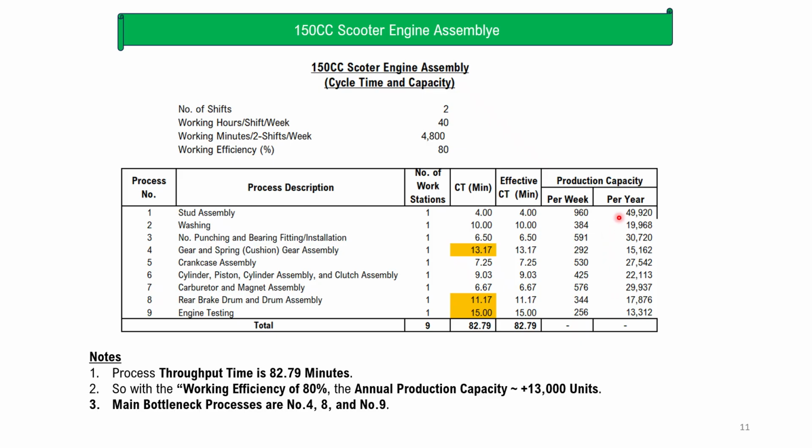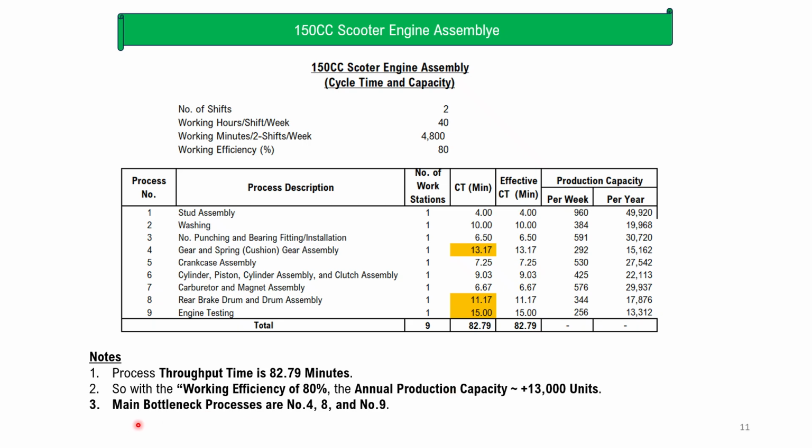If you can see, the minimum capacity of all these processes is 13,312. That is, process throughput time is 82.79 minutes. So with the working efficiency of 80%, the annual production capacity is 13,000 units.